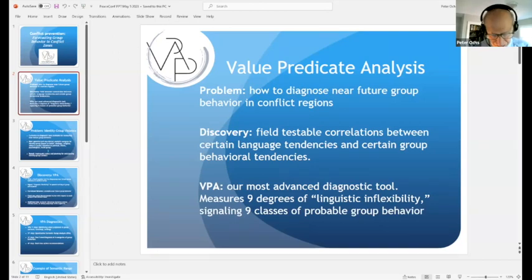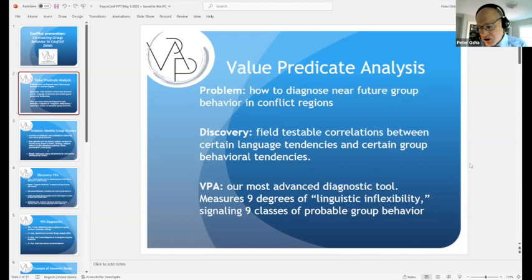So we've succeeded in this work because of the following discovery: that there is a field testable correlation between the way a group uses language and the way it will act toward other groups. So if you get your mind around it, groups use language.